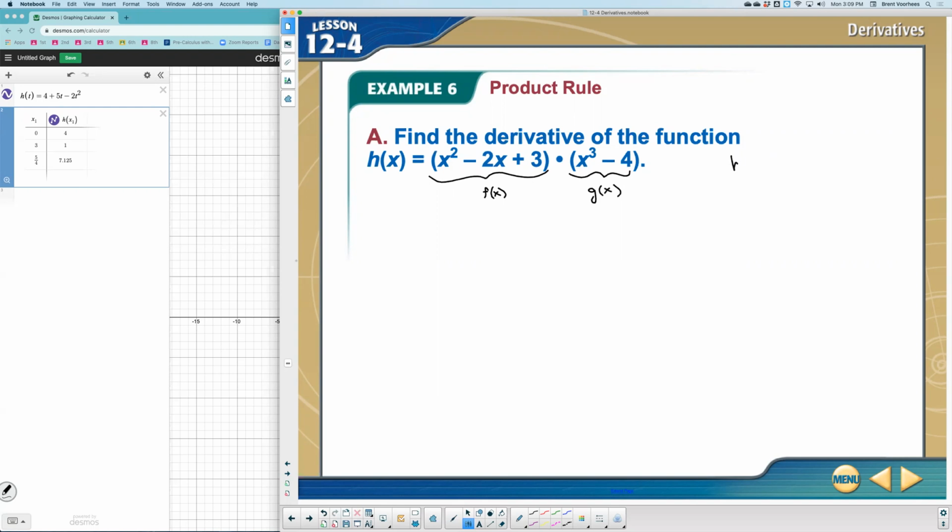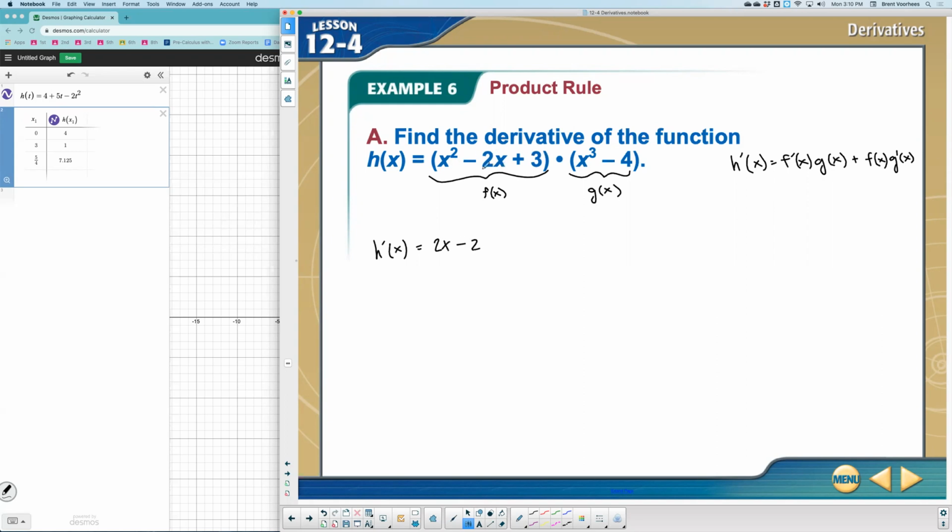What I could do is say that h prime of x will equal the derivative of f times g plus f times the derivative of g. Just like that. So that's our formula there. So if I wanted to use that, let's see what we get. The derivative of f here would be 2x minus 2.